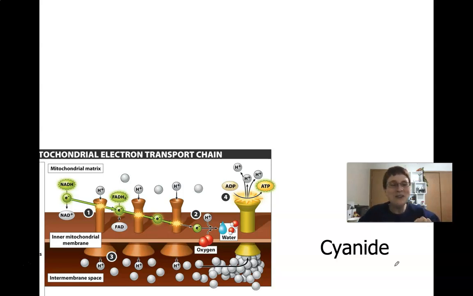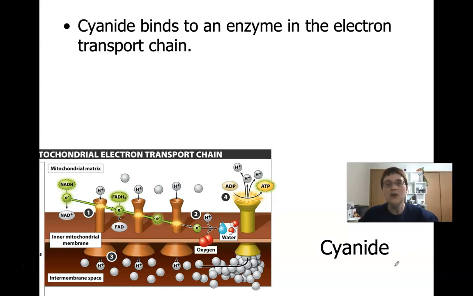But I want to show you real quick, because now you kind of have an idea of how cellular respiration works and how this electron transport chain works. This is where cyanide works to end up poisoning people, because it doesn't take a lot. So what the cyanide does is it binds to an enzyme in the electron transport chain.